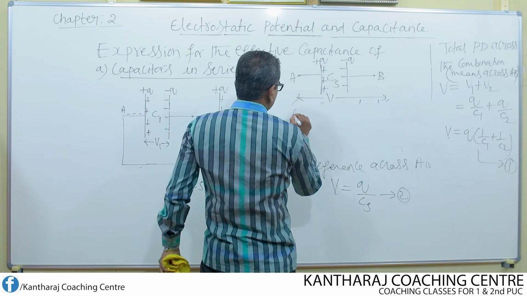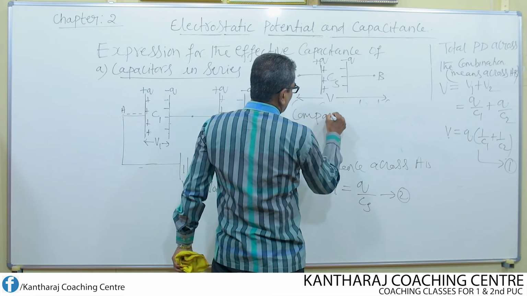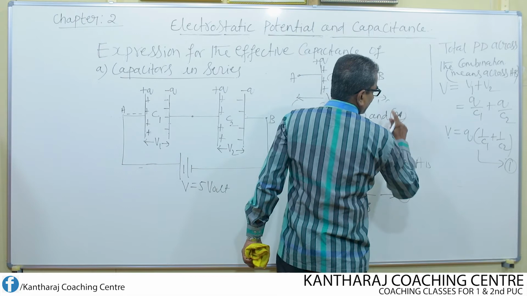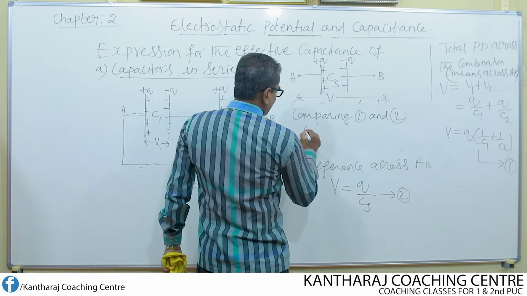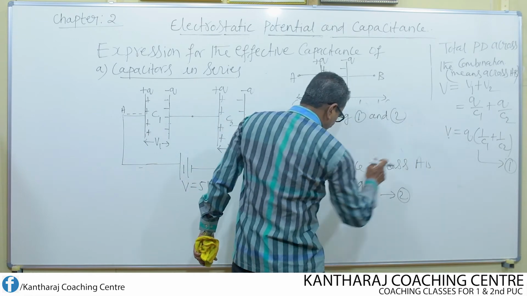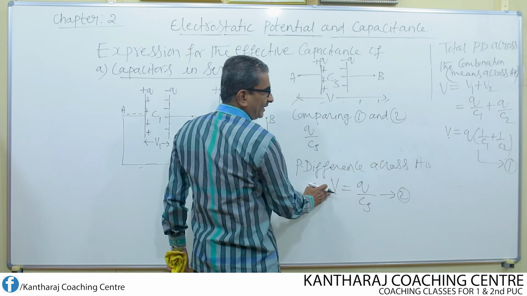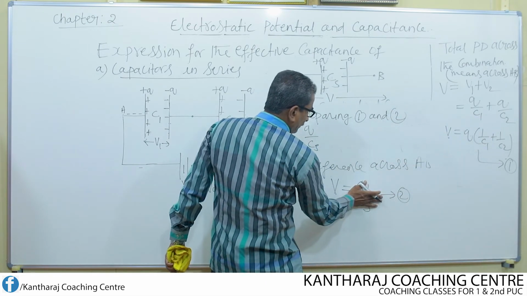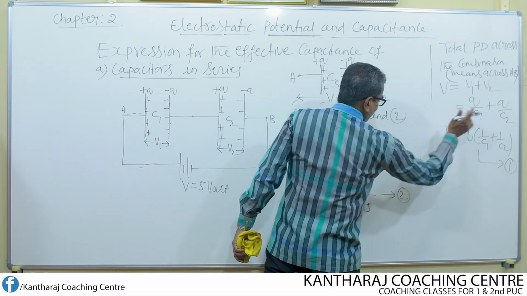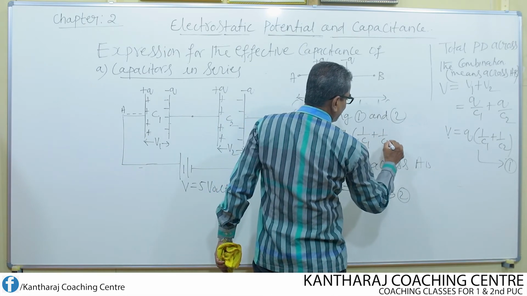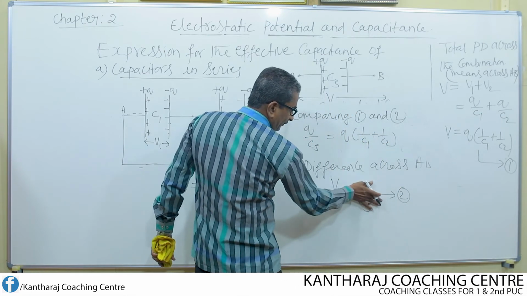Look here, comparing 1 and 2, we get Q by CS. Left hand side of 1 and 2 are same, V and V. Therefore, right hand side of 1 must be equal to right hand side of 2. That means right hand side of 1 is Q into 1 over C1 plus 1 over C2. What is right hand side of equation 2?